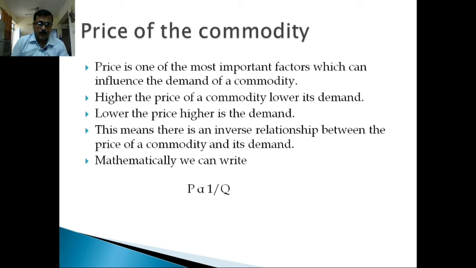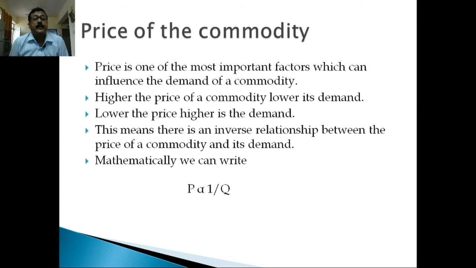First is the price of the commodity. The price of the commodity is one of the most important factors which influences the demand of a commodity. Whenever the price of a commodity is very high, consumers have a tendency to buy less of that commodity. And when the price is low, people prefer to buy more at lower prices.